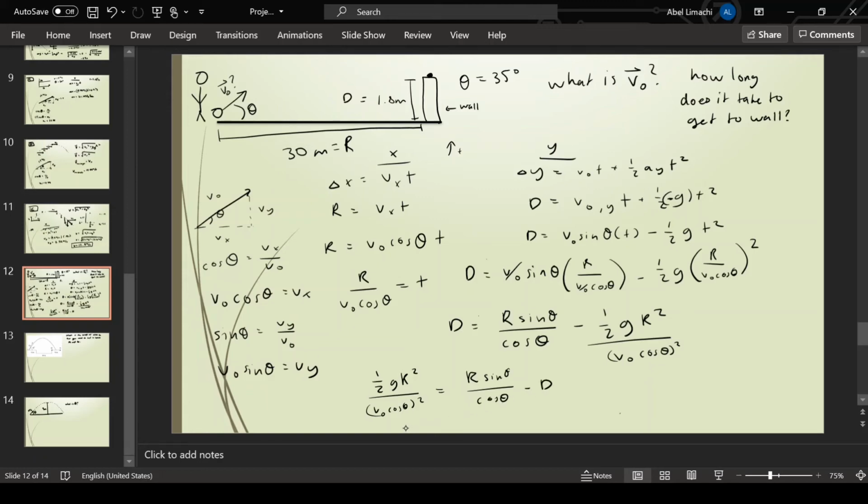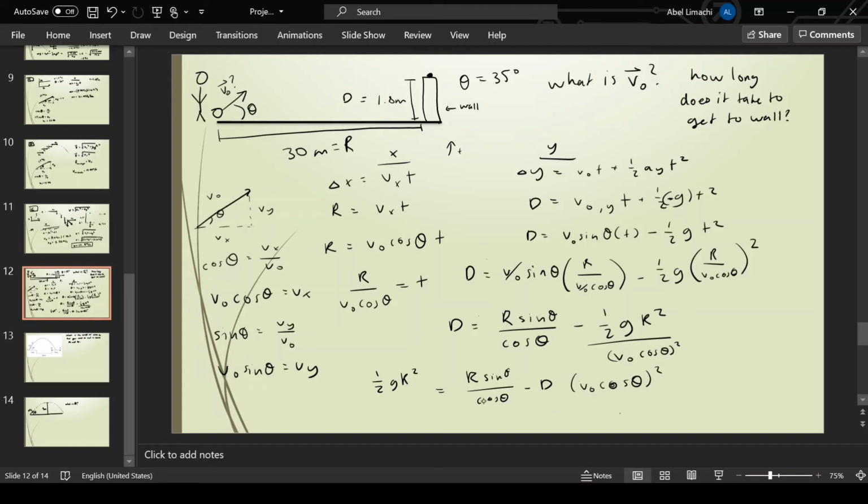You multiply the v initial cosine theta squared to the other side. I'm not writing all that again, so understand that I'm going to multiply this to the other side, and you get this times v initial cosine theta squared.